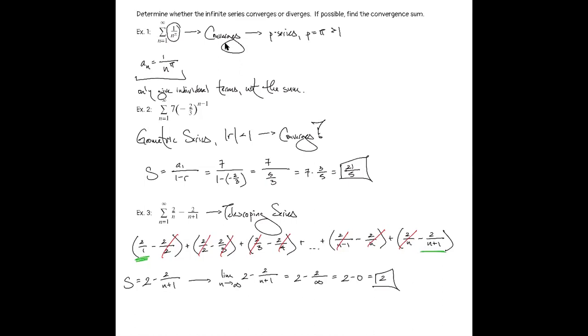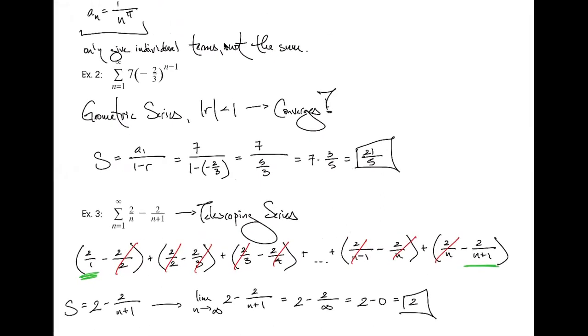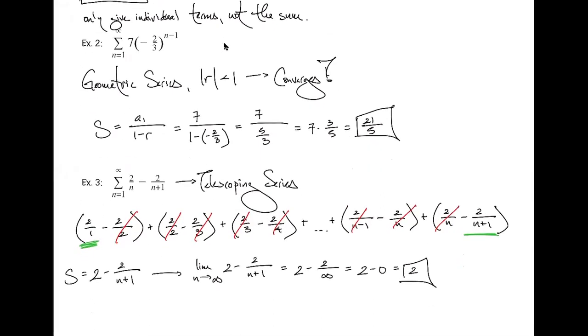So I have a question about number 3. Yes. We know that it's going to converge just because we solve it and we get a number? Correct. Okay. So not all telescoping series converge.